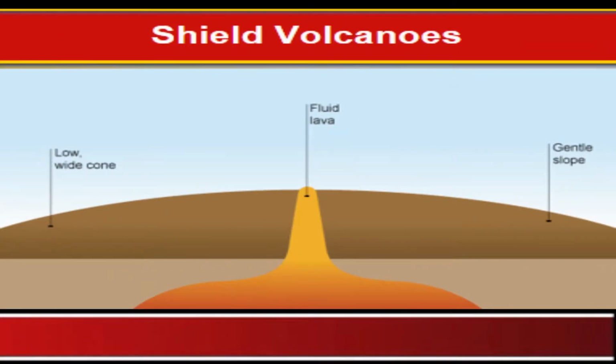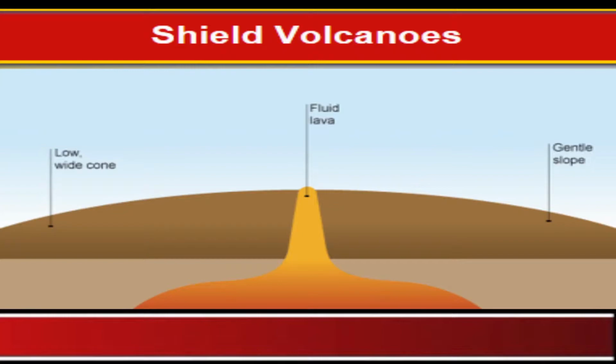Now, shield volcanoes are the largest volcanoes in terms of volume and in diameter. They can be tens to hundreds of kilometers across or more. A shield volcano got its name from its appearance. It is large in terms of area but much flatter than the other two types of volcanoes.